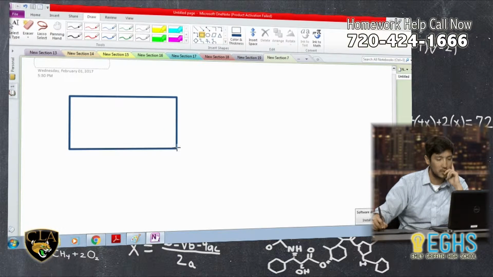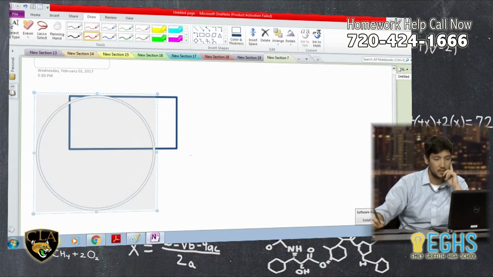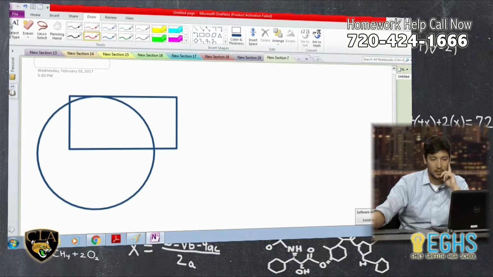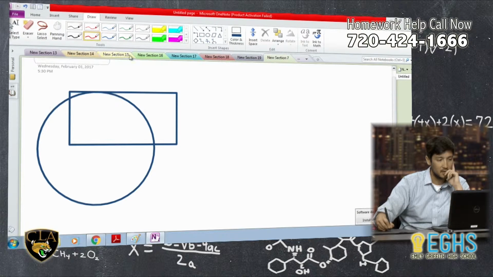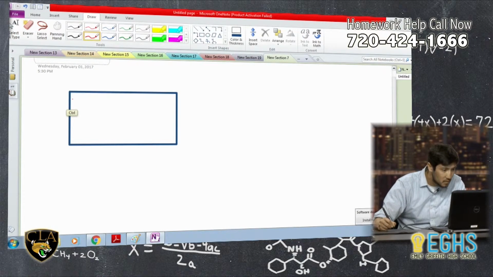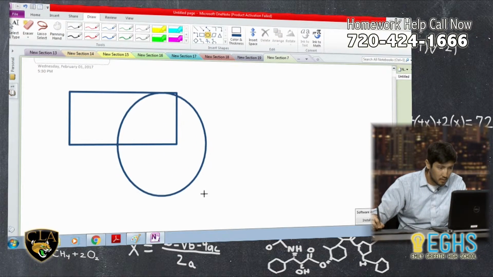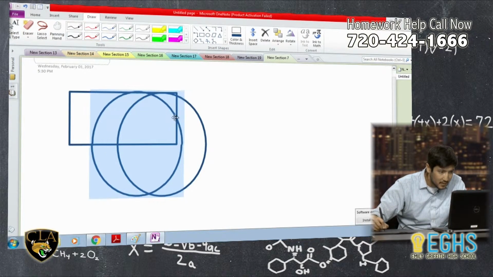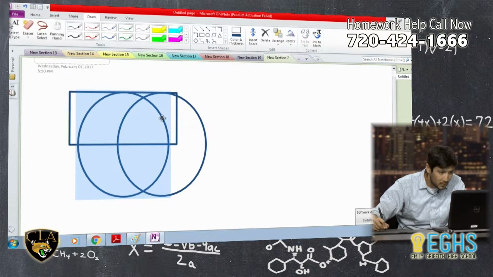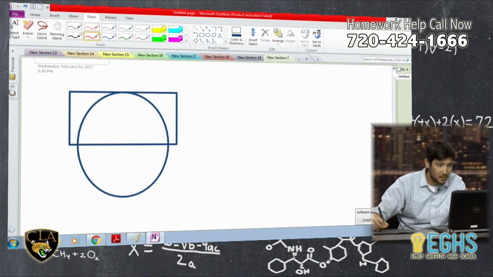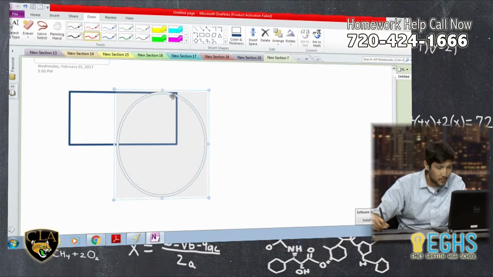So I'm going to go ahead and draw a rectangle here, and I'm going to see if I can inscribe a semicircle inside of this rectangle. What you're going to see is that the points on this circle touch exactly on the rectangle.